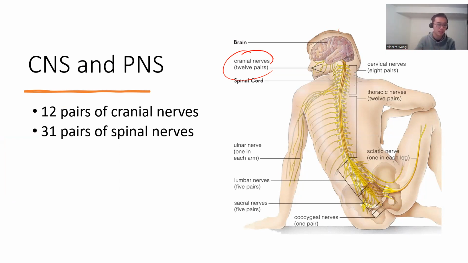You have some dedicated to swallowing. You have some dedicated to hearing. We're not going to memorize all of them. And then we have the spinal nerves, 31 pairs. Some exit at the chest area.